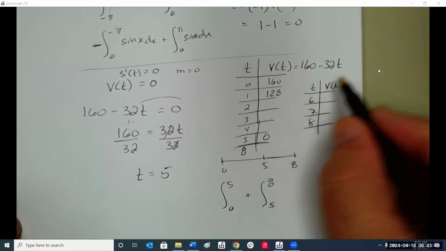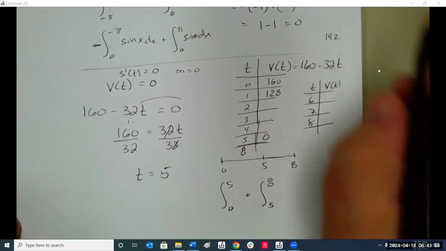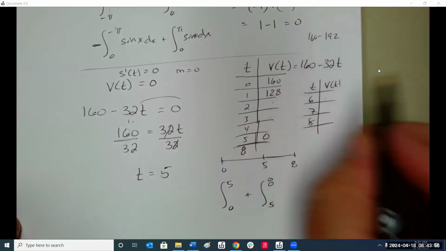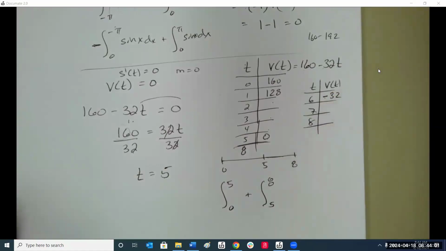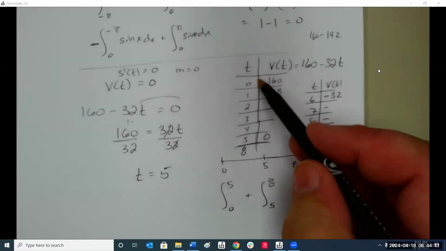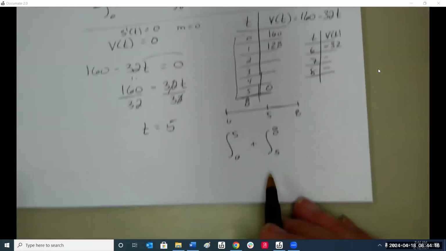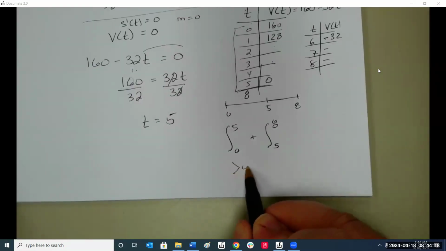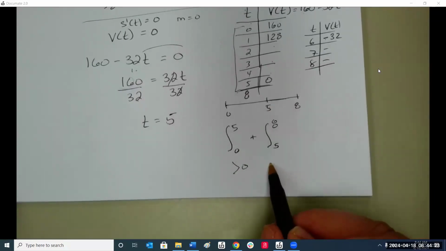When t is 6, 32 times 6 is 192. So 160 minus 192 is going to give us a negative 32 velocity. And negative again, negative again. So we see from our table that from times 0 to 5, the answers are going to be positive, and then from 5 to 8, the answers will be negative.